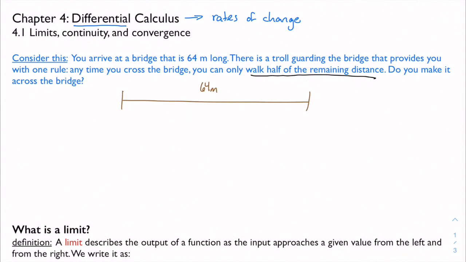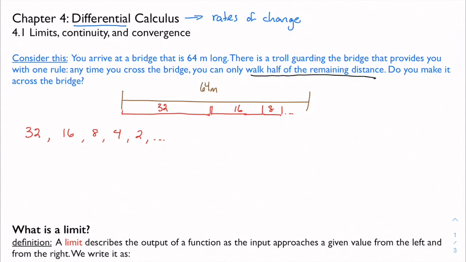If I go to cross the bridge once, I've traveled 32 meters. Then if I travel again, it's about halfway, I travel 16 meters, and then 8 meters, and then 4 meters, and then 2 meters, and so on.